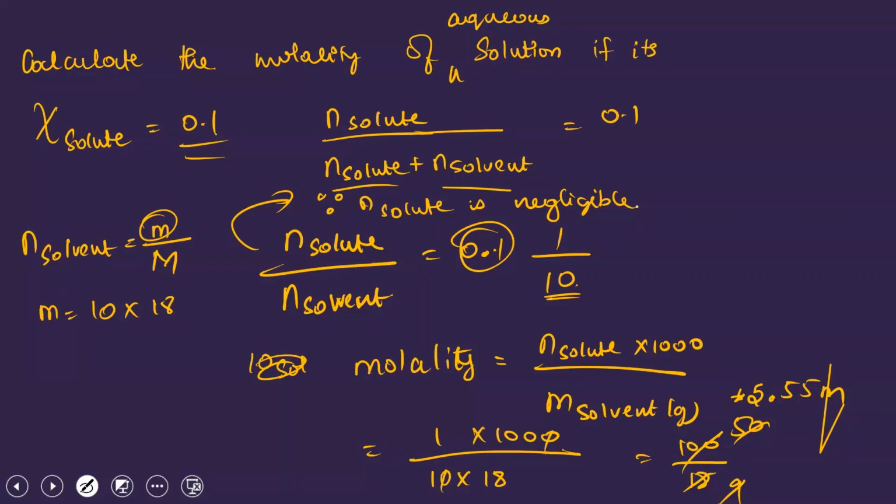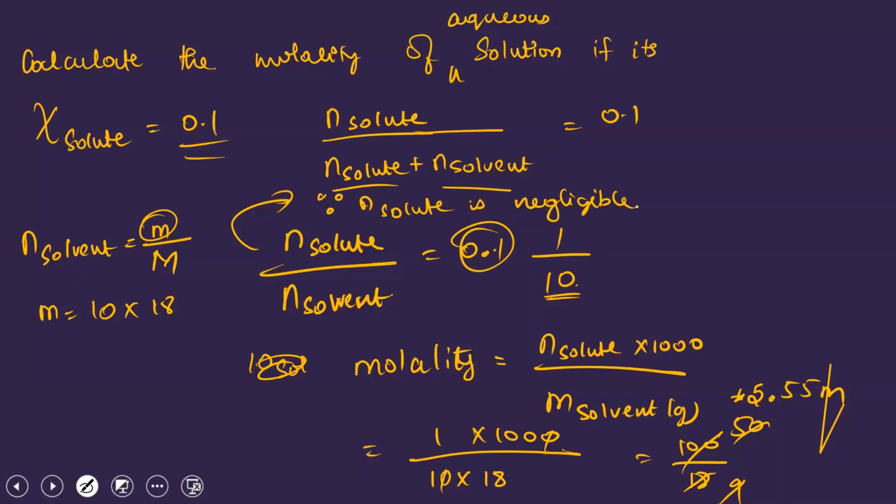Aravinda, Ananya, Raghav, do you understand? Solve: 1/1000 by 10 into 18. 18 is the molar mass of water. Okay, Aravinda, summarize the problem. Mole fraction of the solute is 0.1. So we apply the formula and the moles of solute will be very negligible.